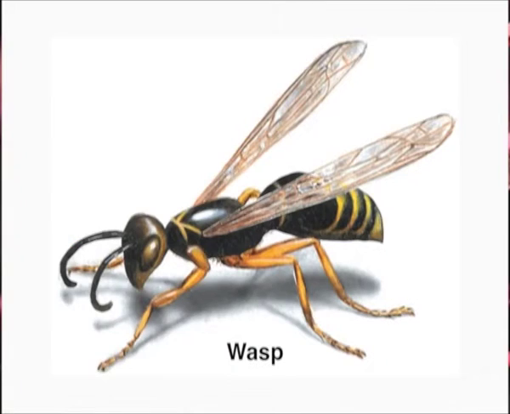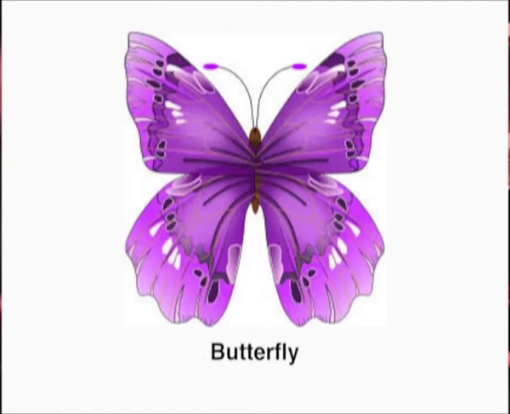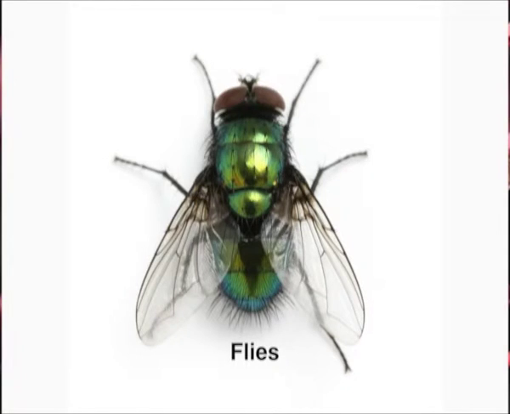The group includes bees, wasps, ants, beetles, moths, butterflies and flies. The close association between insects and flowering plants has led to the theory of coevolution, that is, evolution of flowering plants along with the evolution of insects.